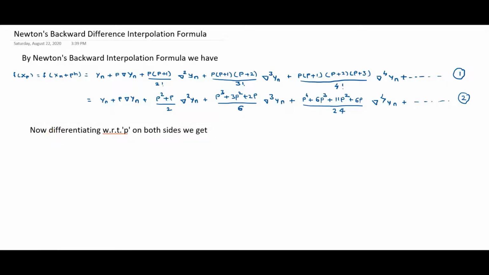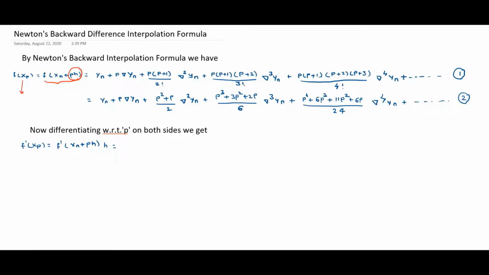We get, if you differentiate the left hand side, you will get f dash of xp is equal to, f dash of xn plus ph, and differentiation of pH is equal to h only. H is constant and differentiation of p with respect to p is equal to 1.